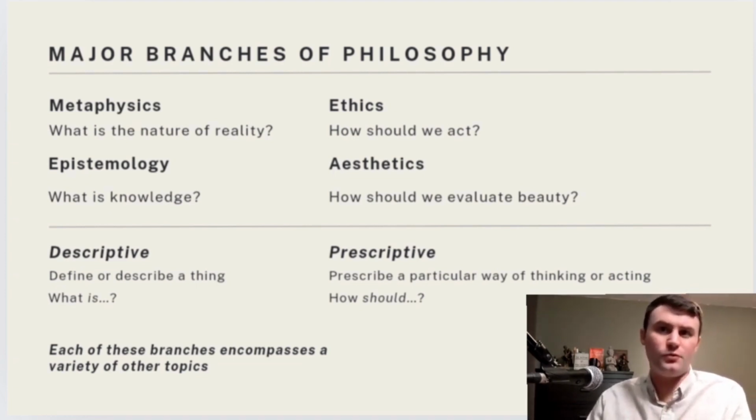Now, these are just a few of the major branches of philosophy. This list is not intended to be exhaustive. Furthermore, each of these areas of philosophy encompass additional topics. For example, metaphysical investigations might give rise to questions pertaining to free will, to the nature of consciousness, to notions of identity.